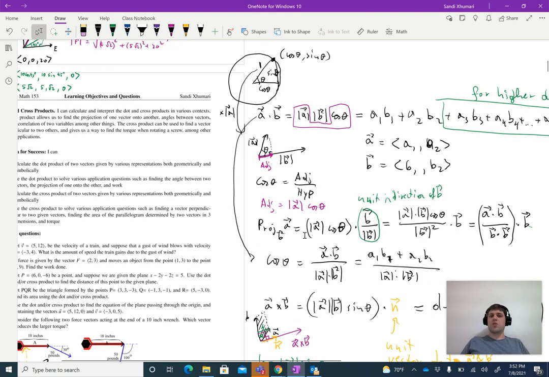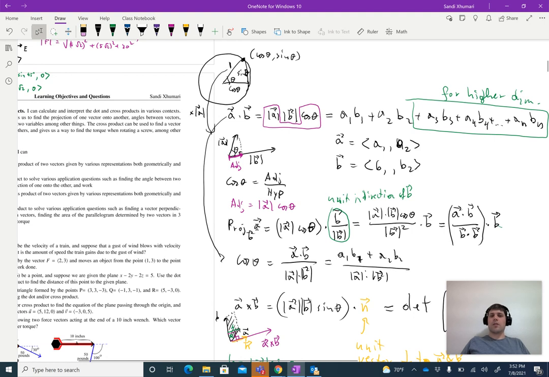And so to find the projection of a onto b, we need a vector in the direction of b that has magnitude being equal to this adjacent side of this triangle. And so we can think of the projection as being the adjacent side, that's the magnitude, times a unit vector in that direction. And so how do we get the unit vector in the direction of any vector?